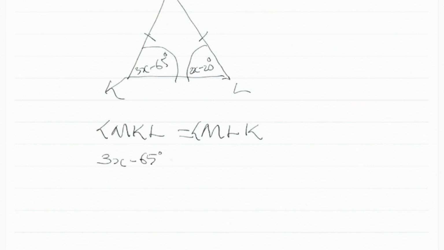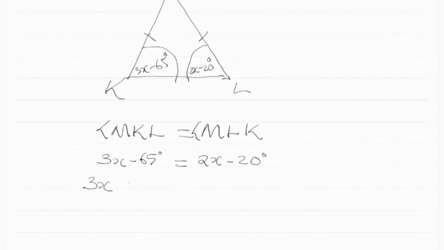So the size of angle MKL, 3x minus 65 degrees, is equal to 2x minus 20 degrees. By now, I believe you have become acquainted with the additive inverse when it comes to solving equations. So here we need to find the additive inverse of 2x so that we group the like terms.